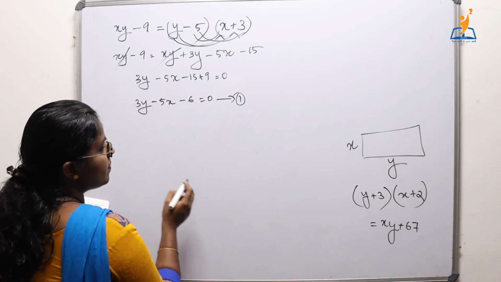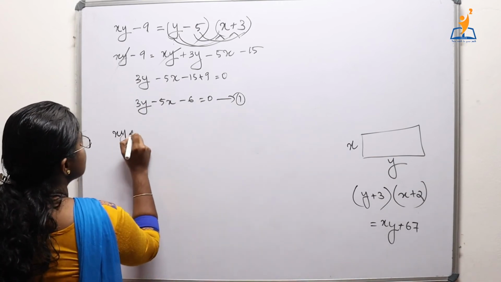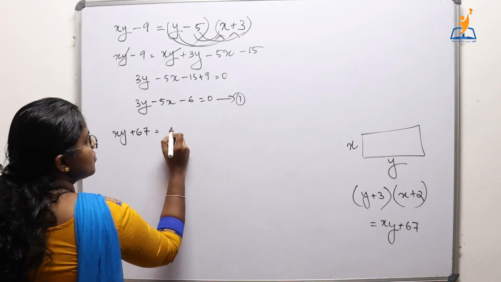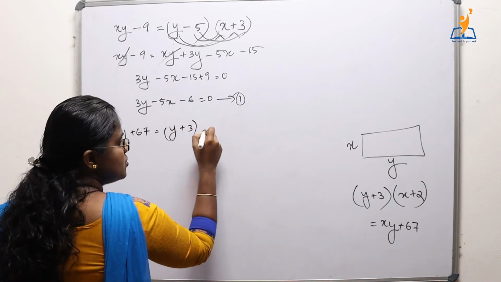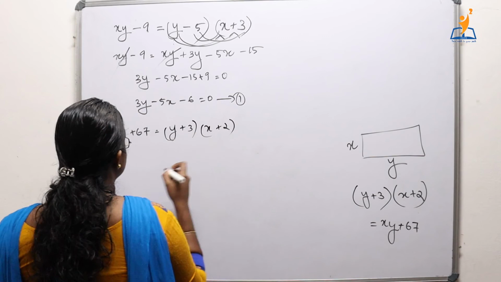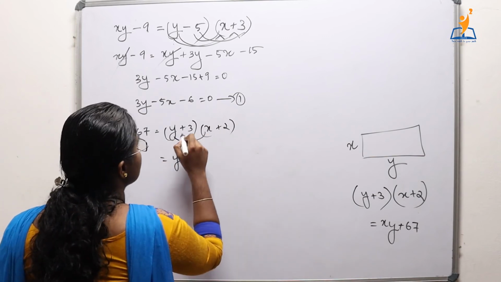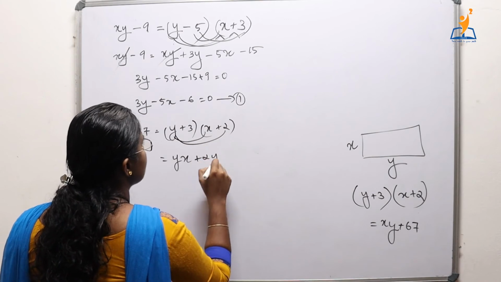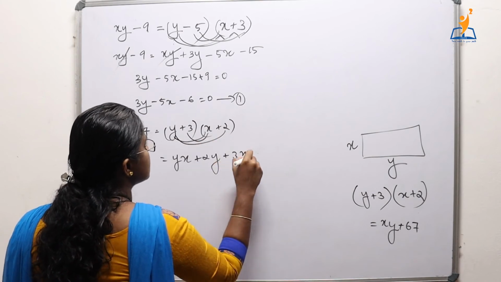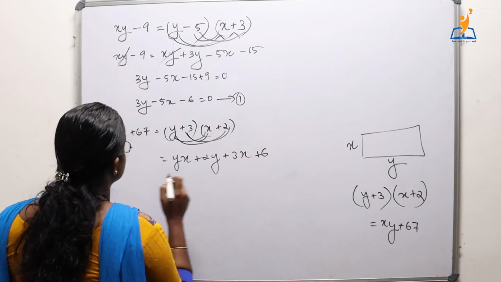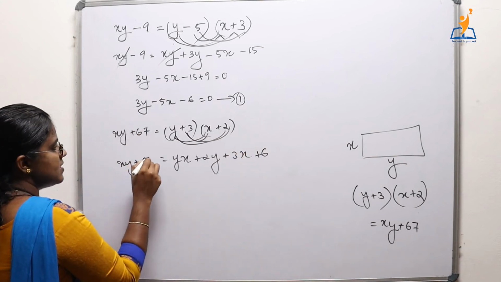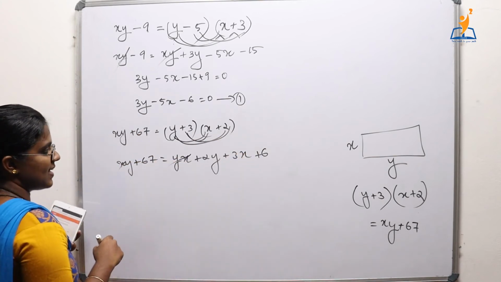So we got xy plus 67 is equal to y plus 3 into x plus 2, which is equal to xy plus 2y plus 3x plus 6. So here we have xy plus 67. So xy and xy get cancelled.